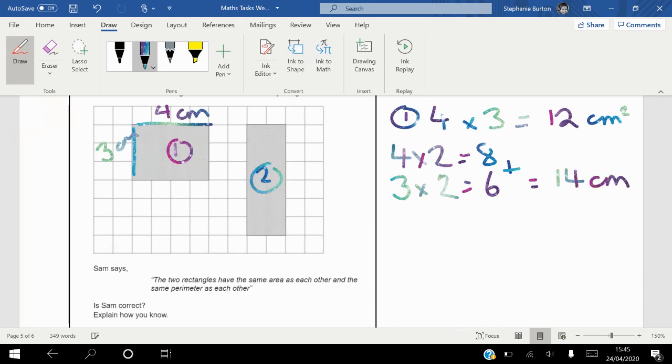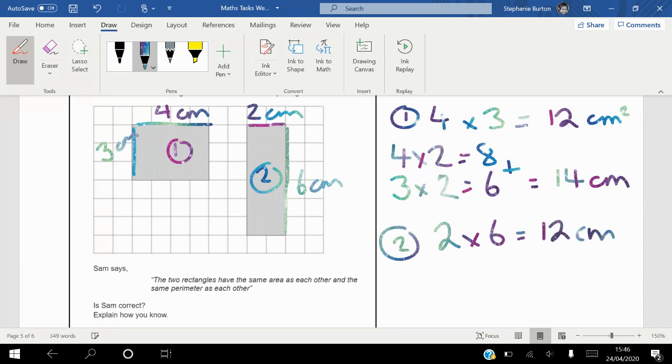Let's move on to rectangle number 2 then. So I can see that it's got 2 centimetre width and 1, 2, 3, 4, 5, 6 centimetres length. So to find its area, I'm going to do 2 times 6, which gives me 12 centimetres squared.